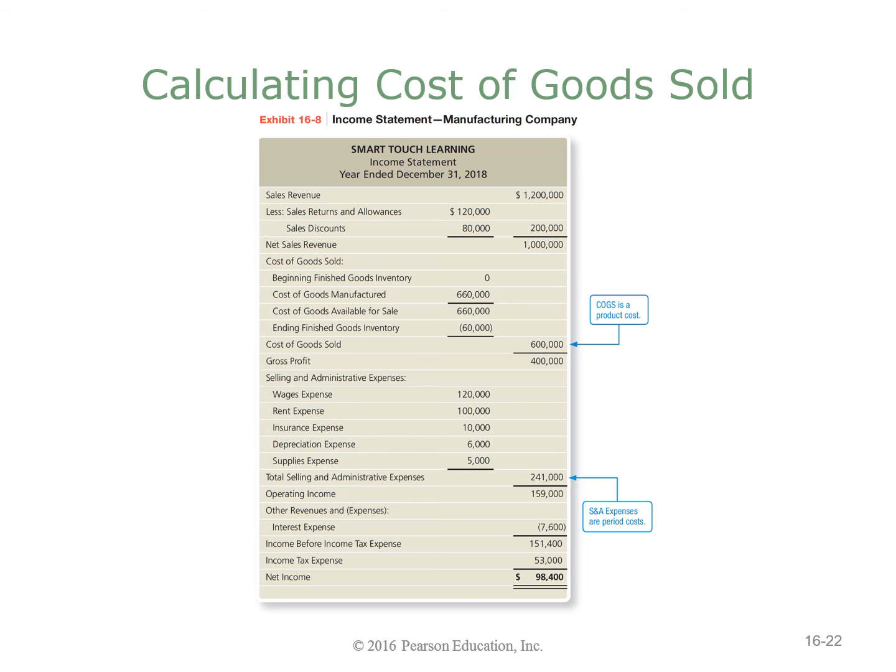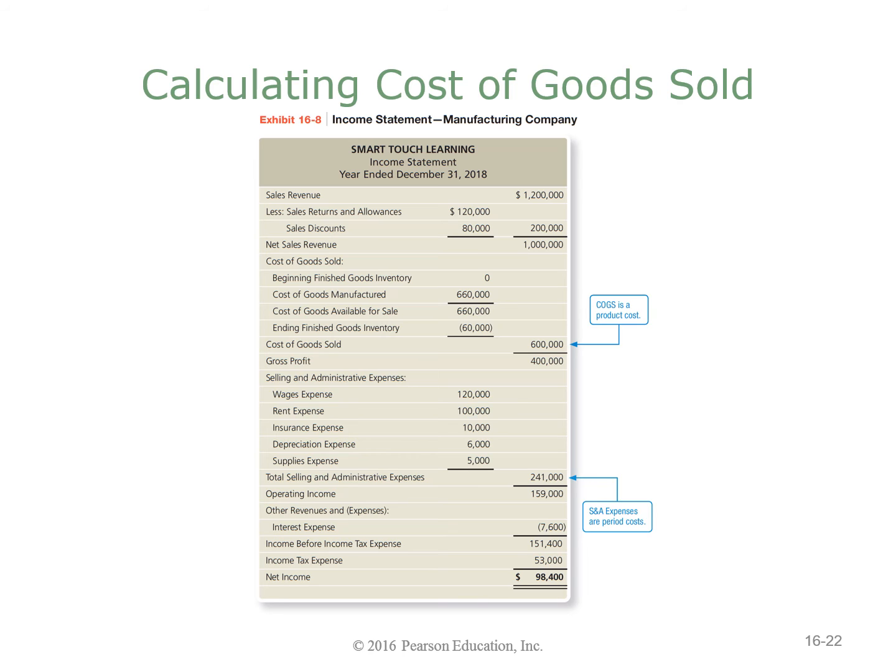This 200,000 is to be subtracted out of the 1,200,000, so the net sales is 1 million, minus cost of goods sold. Cost of goods sold is calculated through beginning finished goods inventory. This is the first year of the company, so it will be 0, plus cost of goods manufactured. This is the first statement that we are going to calculate now, to get the cost of goods available for sale, minus ending finished goods, equal to the cost of goods sold.